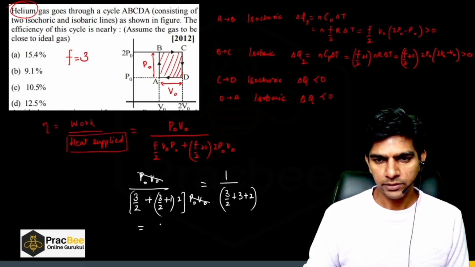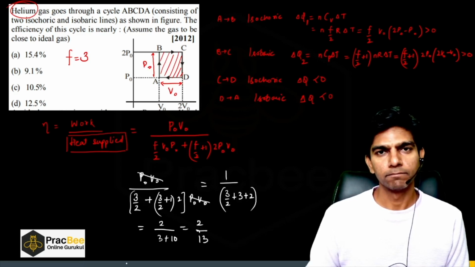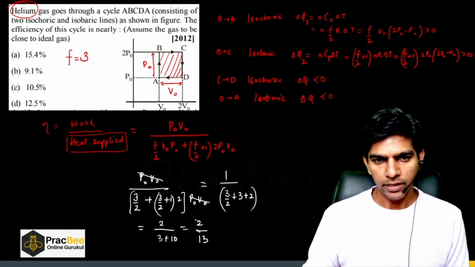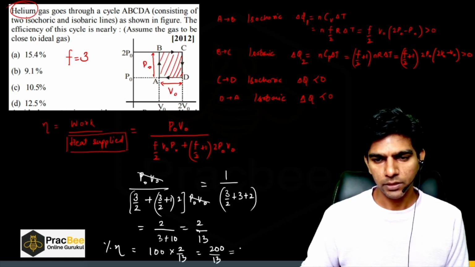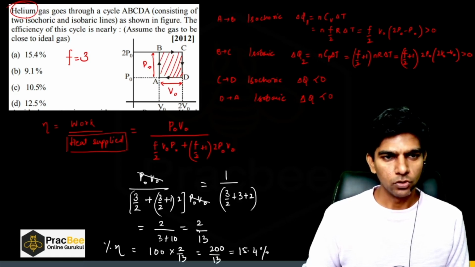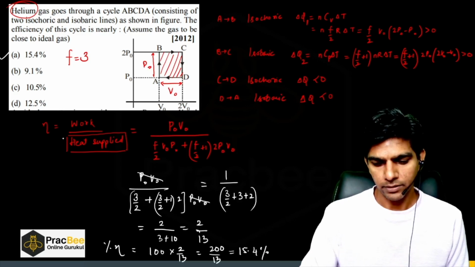This can be written as 2 divided by (3 + 10), so it will be 2/13. Okay, so we have to find the percentage efficiency. Percentage efficiency is 100 times 2/13, which is 200/13, close to 15.4%. So option A is the right answer.